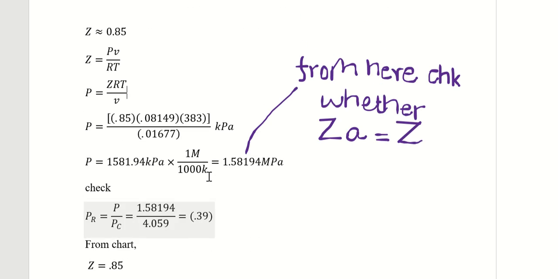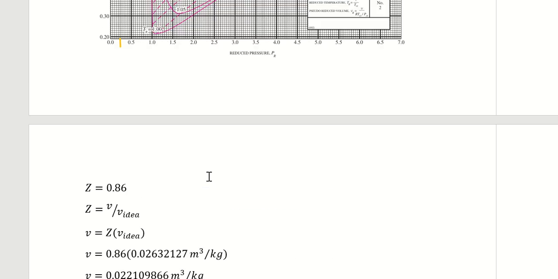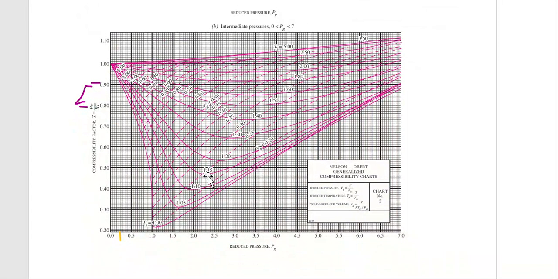So we're going to go to the chart. Sorry, we will have to go back to this. We have a pressure of 0.39. Where do we get 0.39? 0.05 times 3, 5, 6, 7, 8, times 7.5, 7.8.